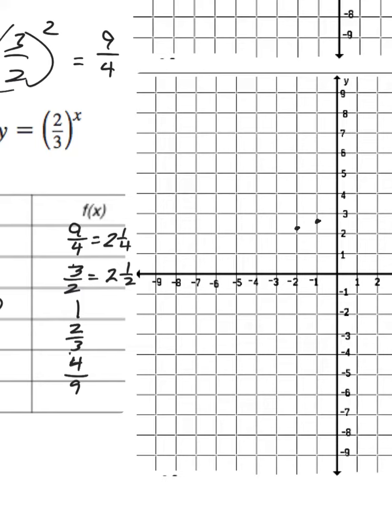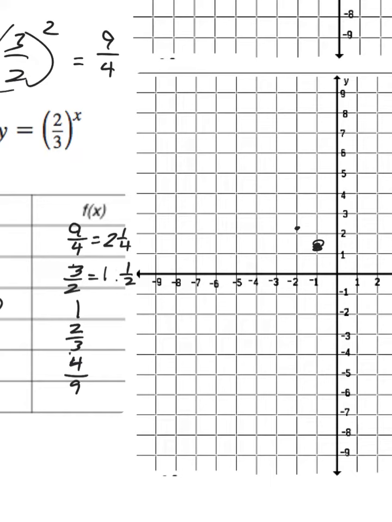Oops, there's a mistake there. I don't believe that 3/2 is 2.5. Did somebody catch that an hour ago or what? Sorry about that. So that's going to be 1.5. So let's regraph that point. It's going to be -1, 1.5. There we go. That makes more sense. Somewhere in here.